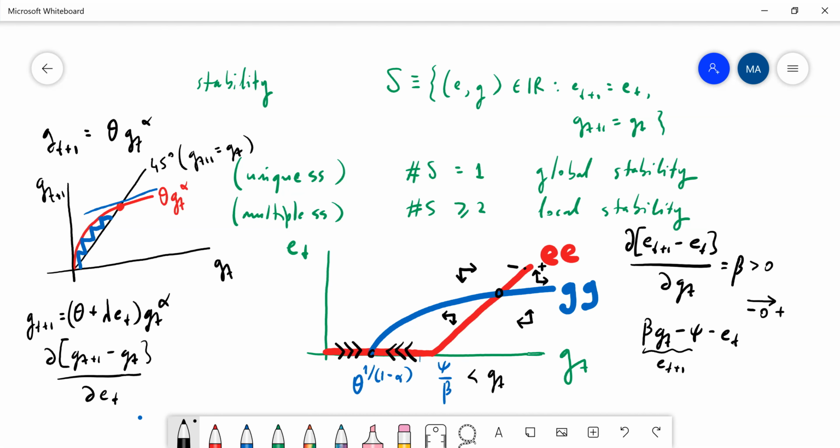And as you see, this is positive, right? So when E is increasing, again, this must be negative, 0, and positive. So we have negative and positive here. So above the blue curve, G must be increasing, and below the blue curve, G must be decreasing.